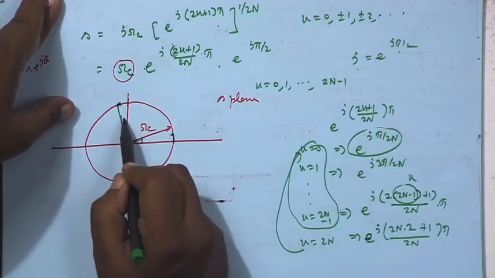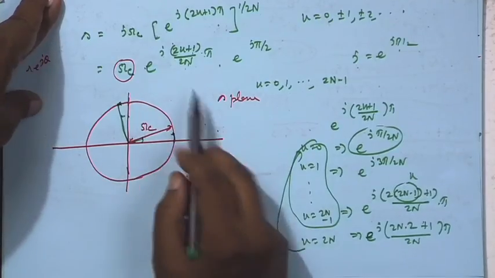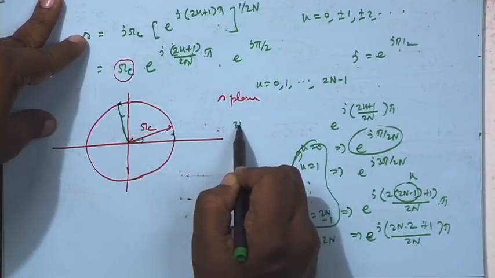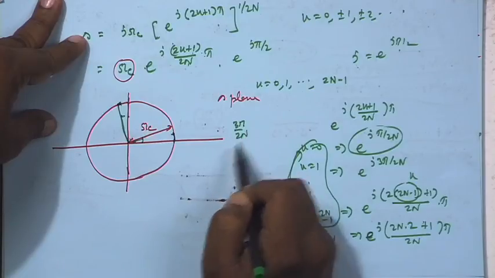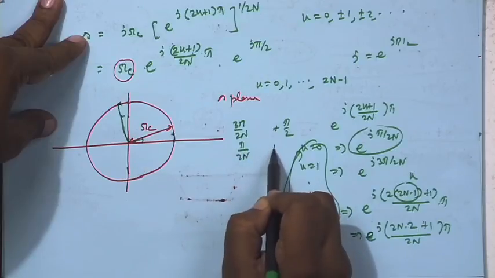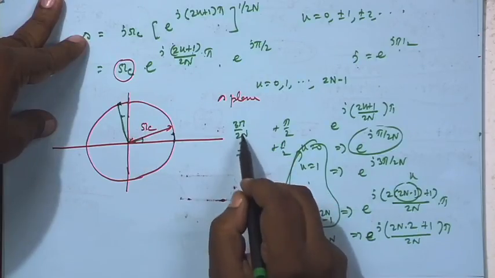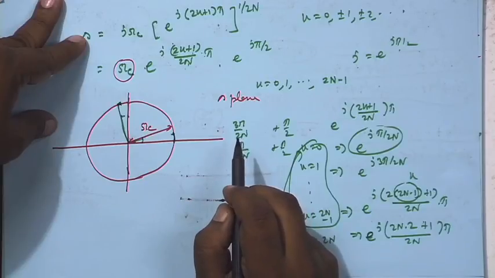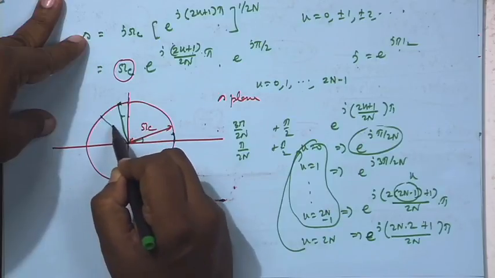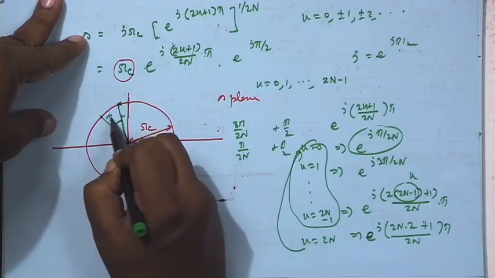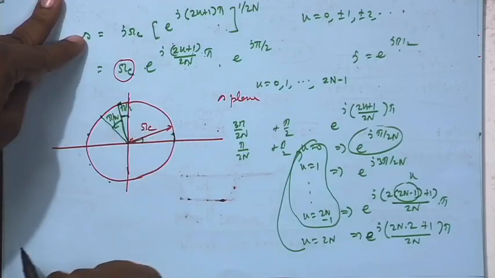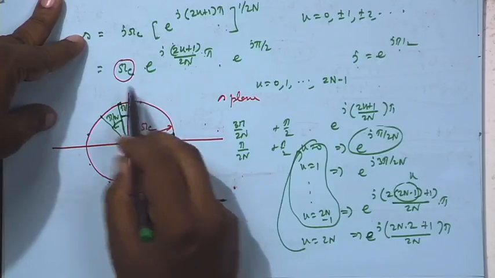So, instead of here, you go here. Then what will be the angular separation for the next pole, k equal to 1? It will be 3 pi by 2n plus pi by 2, and earlier I had pi by 2n plus pi by 2. So, how much is the gap? 2 pi by 2n, that is pi by n. All right. So, the next pole will be here, at pi by n. This much is pi by 2n, and there will be poles like this on this side also.